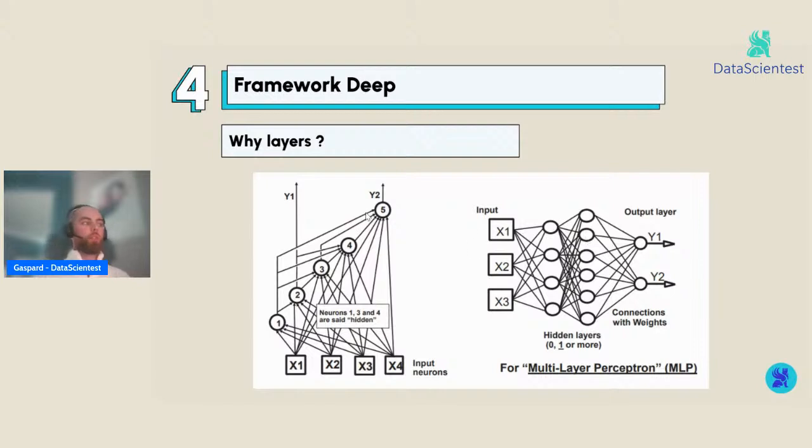You can have really exotic networks with what we call skip connections, meaning links between layers that are not directly connected, and you can have layers in parallel. You can do anything you want as long as you have matrix operations to propagate the information from the input to the output.